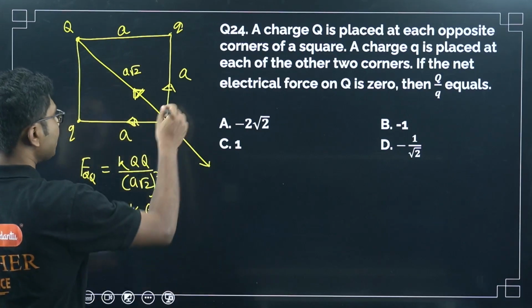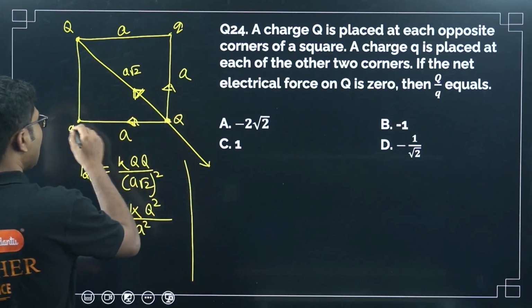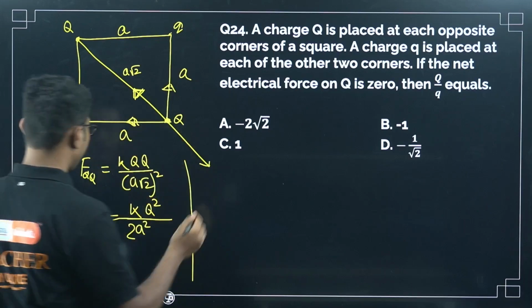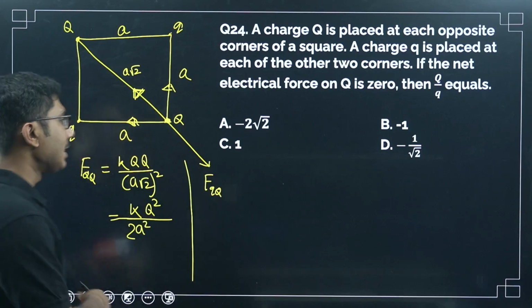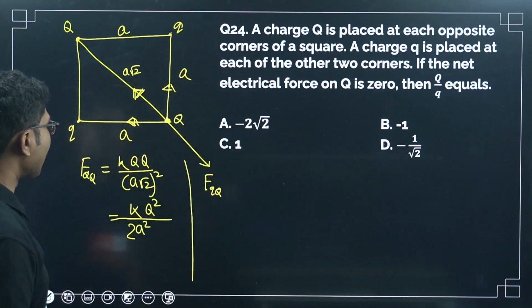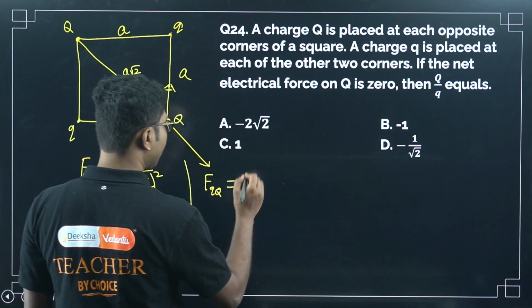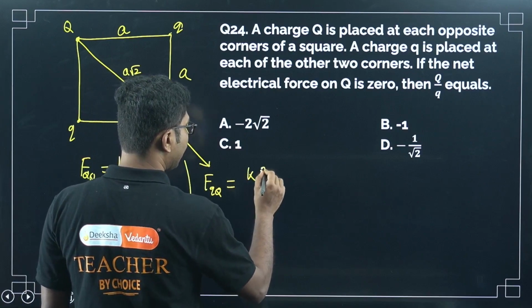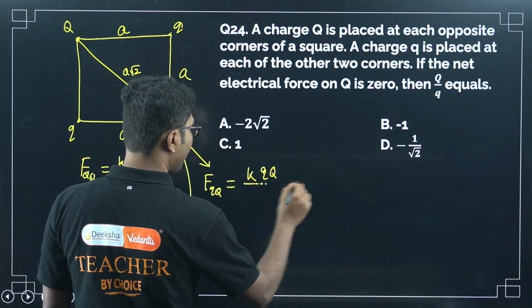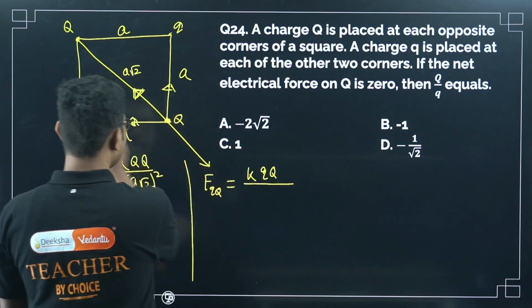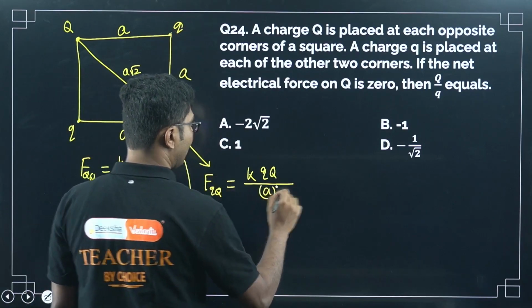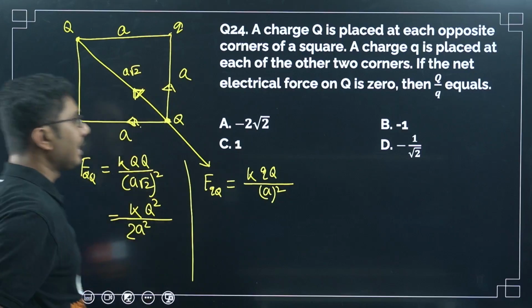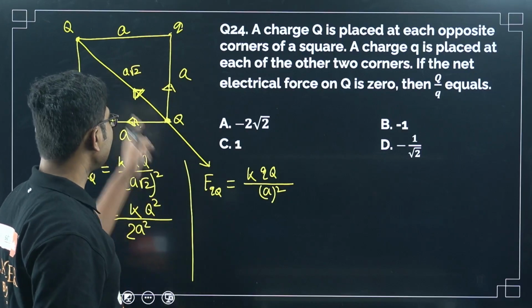Now what is the force between small q and capital Q? Take any one of them. That value will be K small q capital Q divided by the distance between them, which is a, so a square. Both of them are at distance a, right? So this is the force between these two charges.